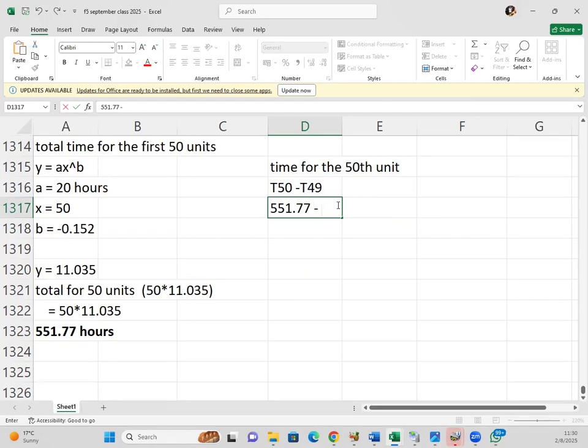What about the total time for 49 units? You first work out the average time, then you multiply by 49.